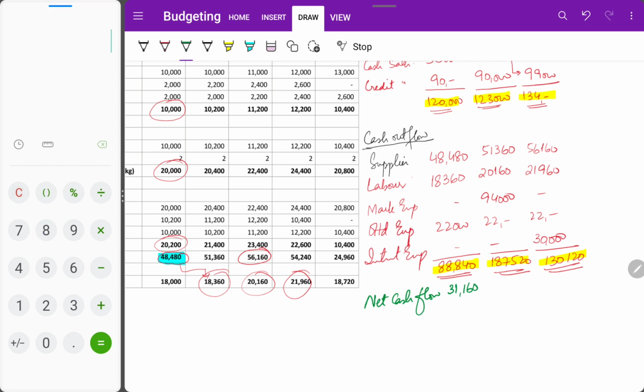In the second month there is a problem, because we are about to spend 94,000 in marketing expenditure. So 187.52 against 123 gives 64.52 negative, and then 134 minus 130.12 is 3,880, right?